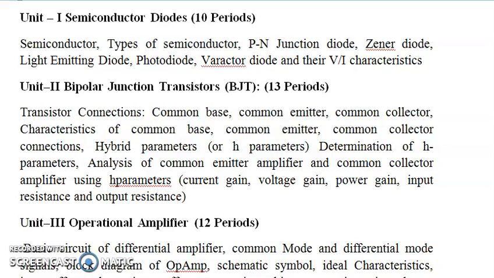Different types of connections such as common collector, common base and common emitter, its H parameters, analysis of CE amplifier, CC amplifier, current gain, voltage gain, power gain, input resistance and output resistance and so on.